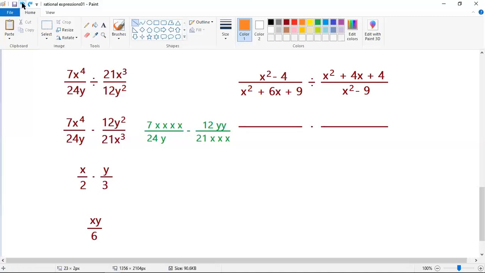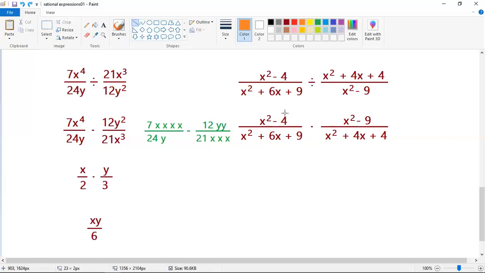So we will have the x squared minus 4 as is, the x squared plus 6x plus 9 as is. We change the division to multiplication, and now the switch of these two. So you have x squared minus 9 as the numerator and x squared plus 4x plus 4 as the denominator.